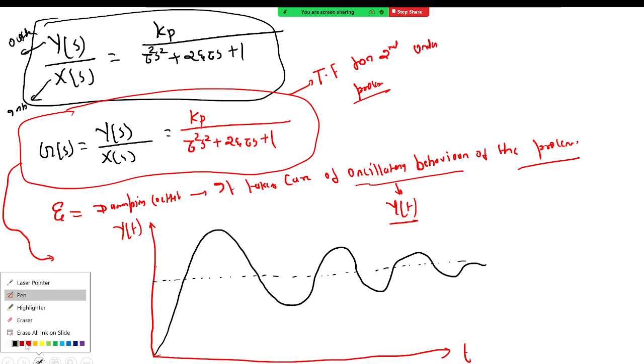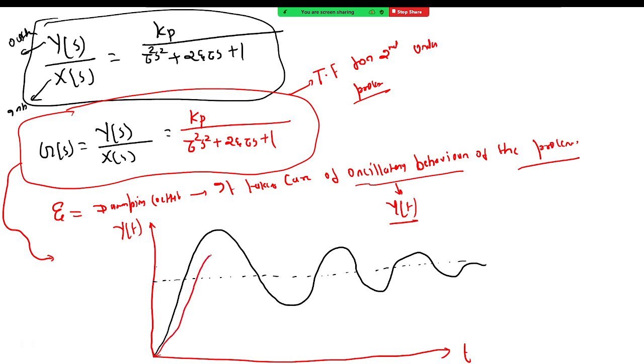Again, for different zeta, if you want to draw, it can go like that. And again, it can go like that anytime.